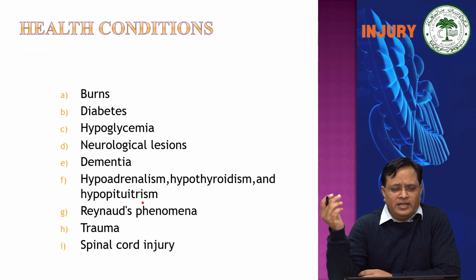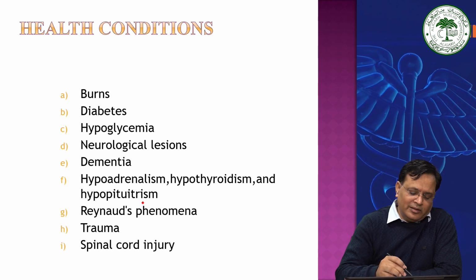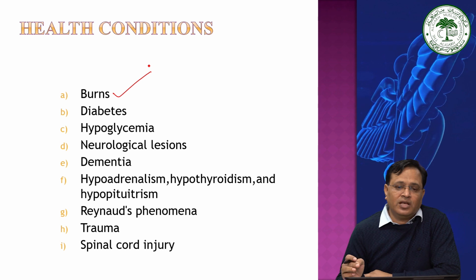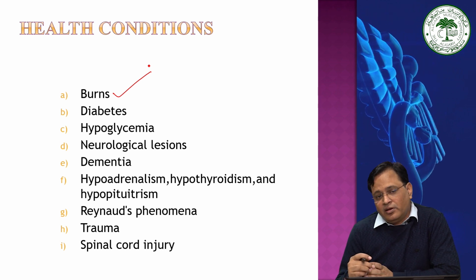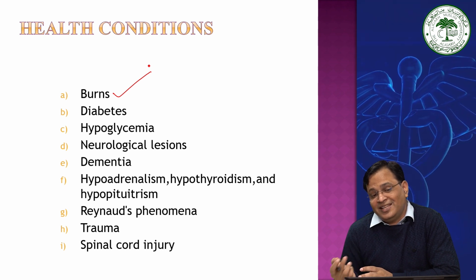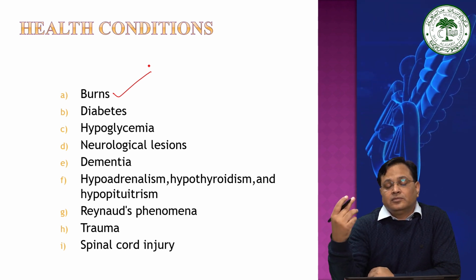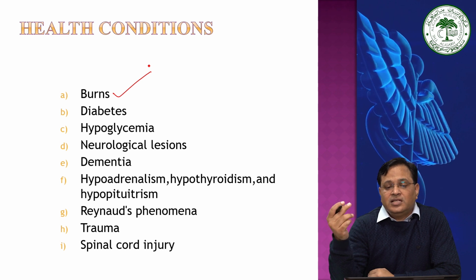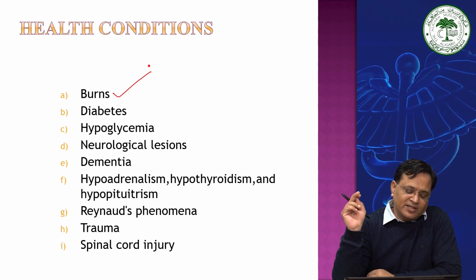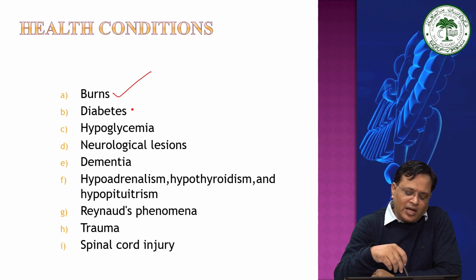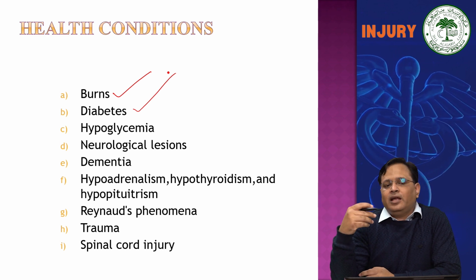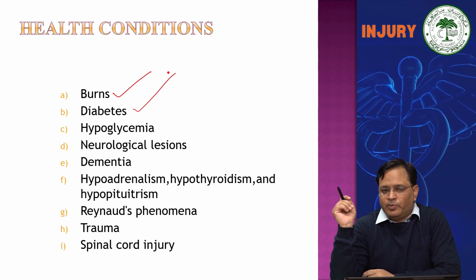Health conditions are also factors. Dry burn itself can be a cause of hypothermia, because it exposes the skin and leads to increased loss of water, which can lead to numbness or low temperature of the skin. Diabetes can lead to decreased sensitivity of the skin and then to hypothermia.